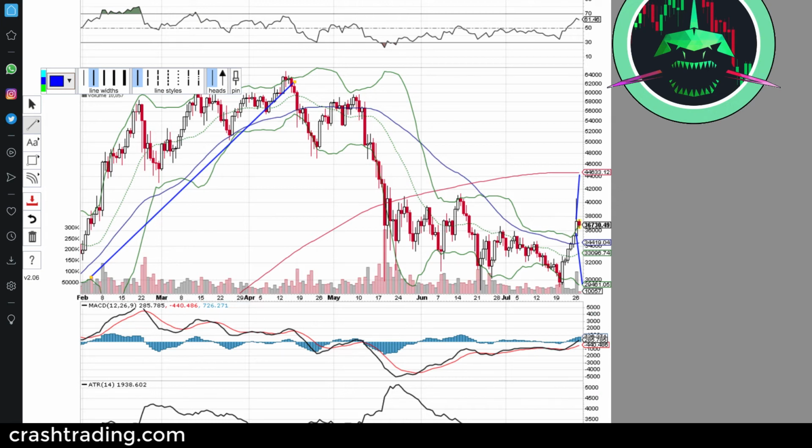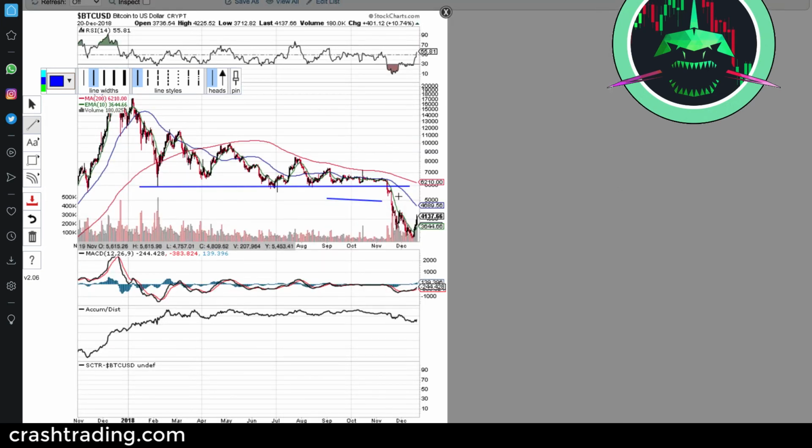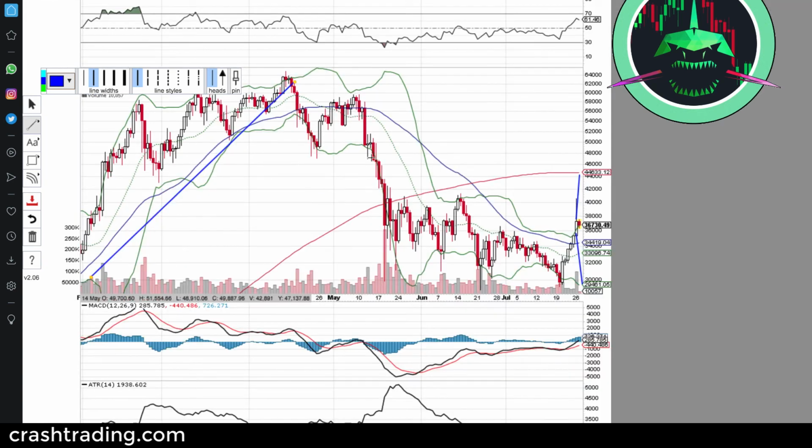Okay, and so once again, if we look back to history, why did this crazy panic and crash occur from 7,000, 6,000 down to 3,000? It was because the stock market reacted negatively to the raise in interest rates at the end of 2018. Guys, think about it. A year from today, we're likely going to see a rise in interest rates, okay? And that is what could literally take us down to 10,000, 11,000, 12,000, 13,000, 14,000, 15,000, around there.